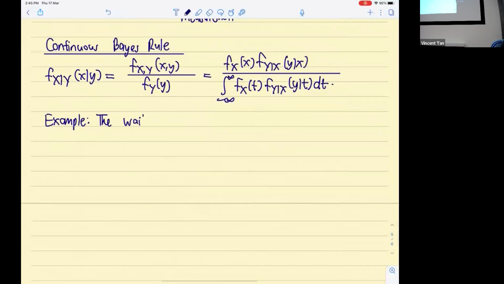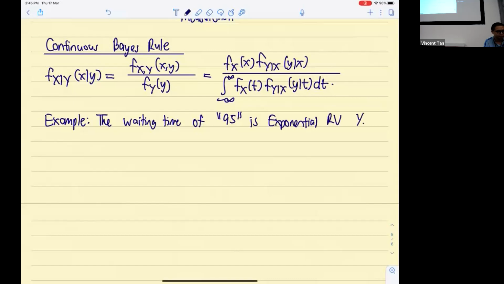The waiting time of 95. I always say 95 because I take 95. Is an exponential random variable y. Okay, so you go to the bus stop and you have to wait y minutes to get onto 95. You only want to get on 95.